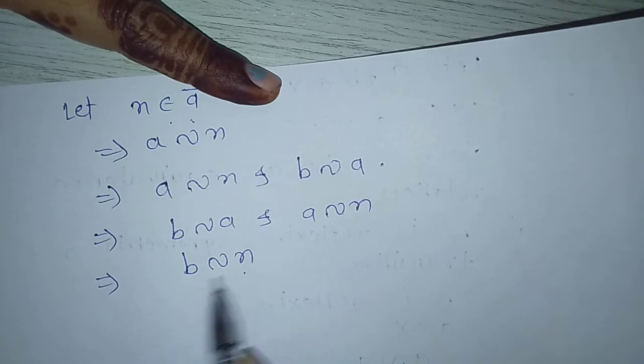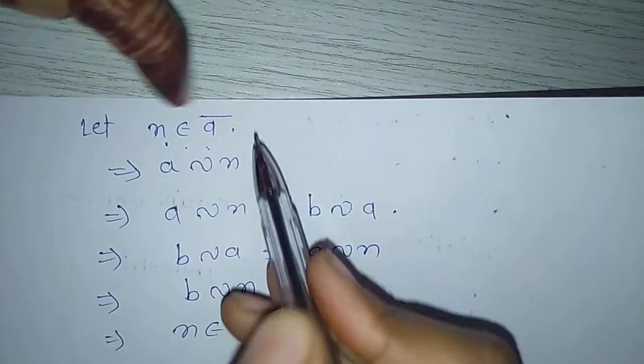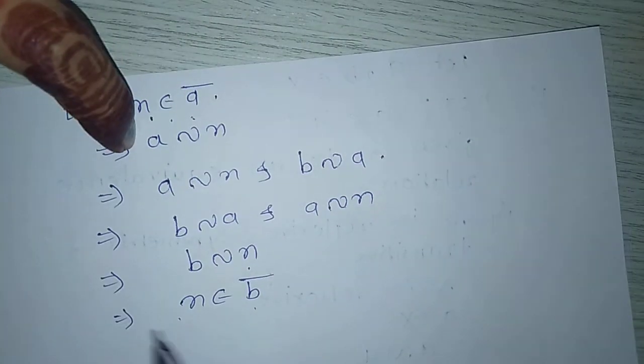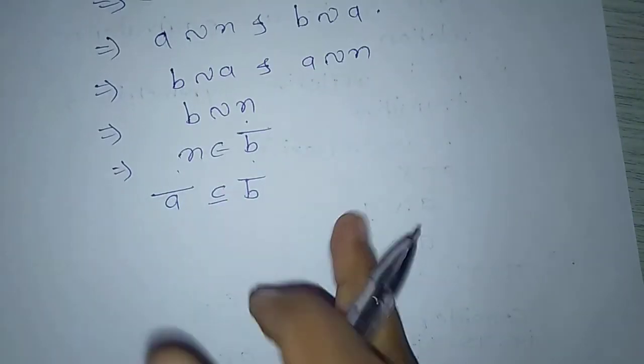B relates to x means x belongs to B bar. x belongs to A bar and x belongs to B bar means A bar is a subset of B bar.